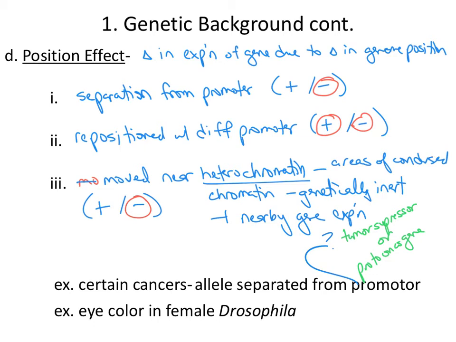Pause it and think about it. Did you pause it? It would be a tumor suppressor, of course, because a tumor suppressor, if it's not near a promoter, will be expressed less. And if there's less tumor suppressor, it'll make it easier for the cell cycle to happen. We're going to look at another example about eye color in female Drosophila, and that's on the next slide.